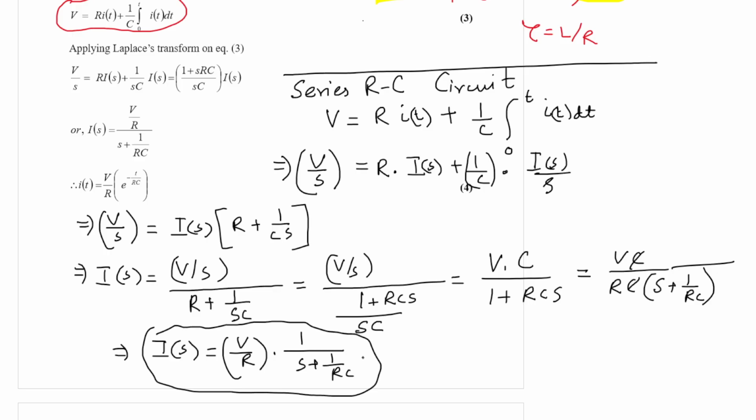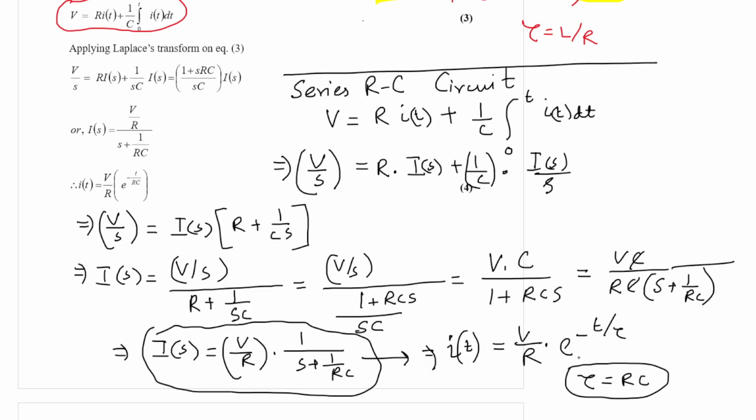Now we can write the inverse Laplace transform. i(t) will be equal to V by R into e to the power minus t by tau, where tau is equal to RC seconds.